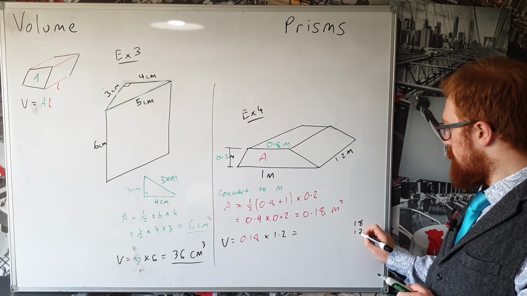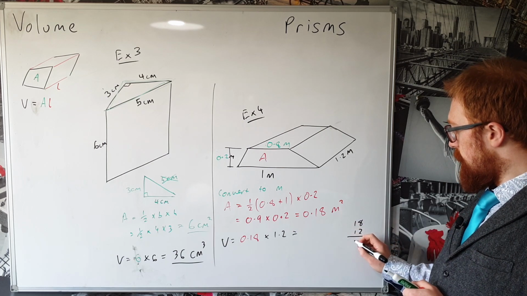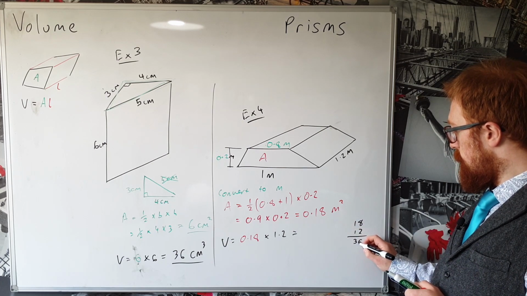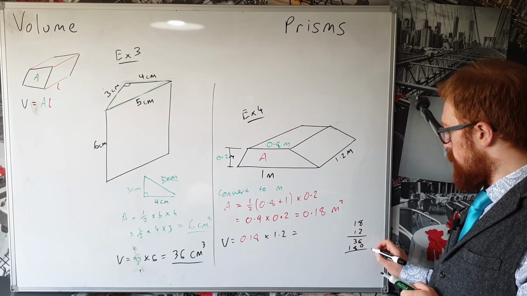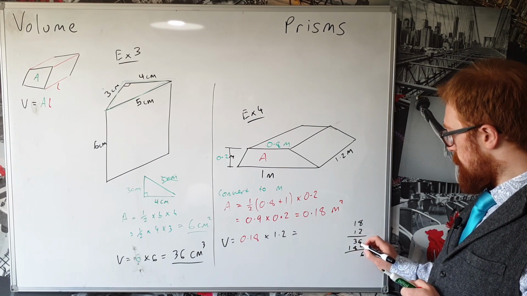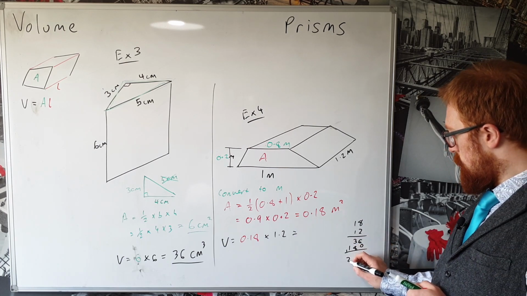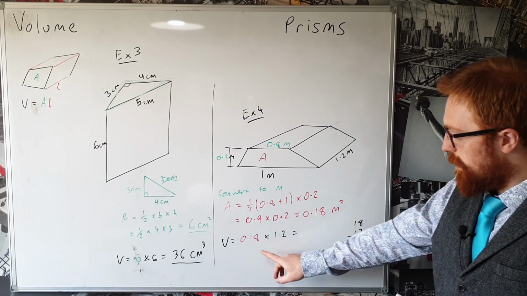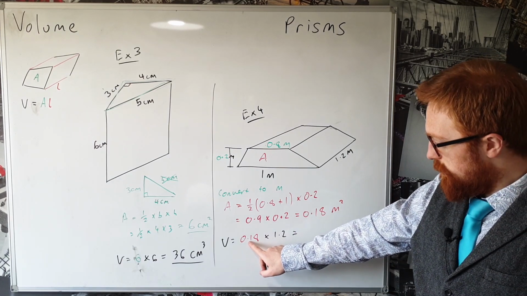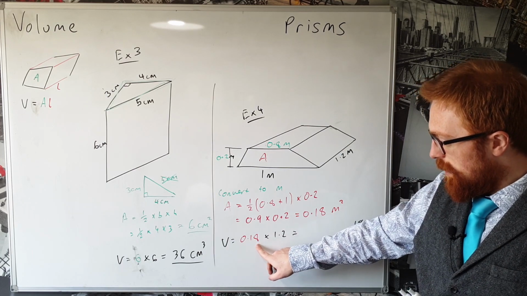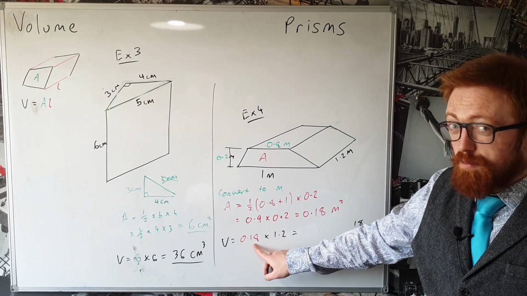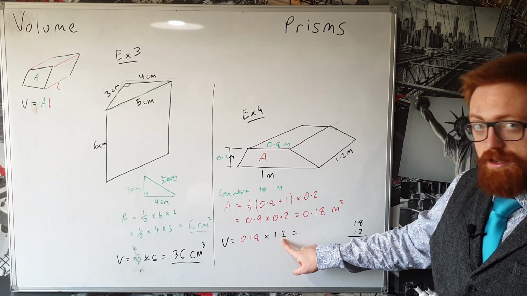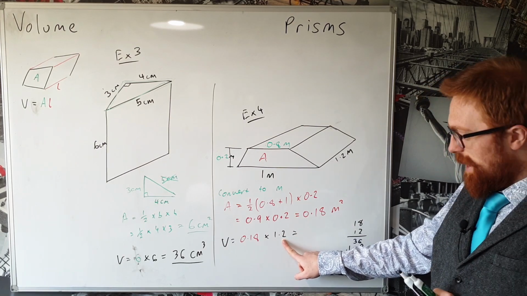So 18 times 12, well, 2 times 18 is 36, and 10 times 18 is 180. So let's add those together, 216. Now again, we can use a similar trick here. We've got 2 digits after the decimal place here, so that's a division by 100, and we've got 1 digit after the decimal place here, so that's a division by 10.